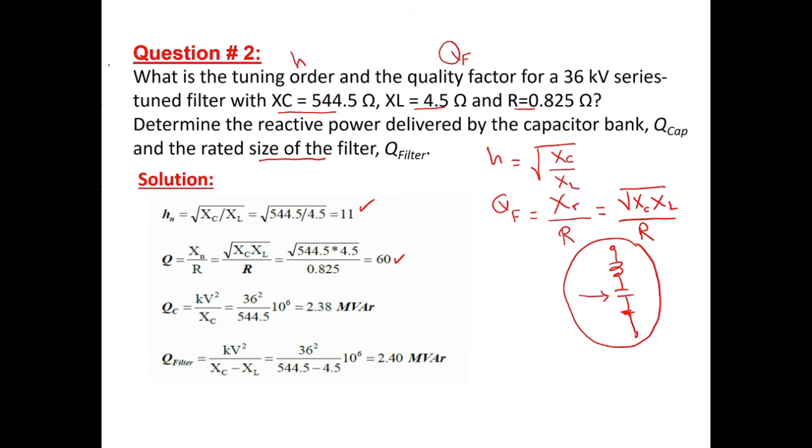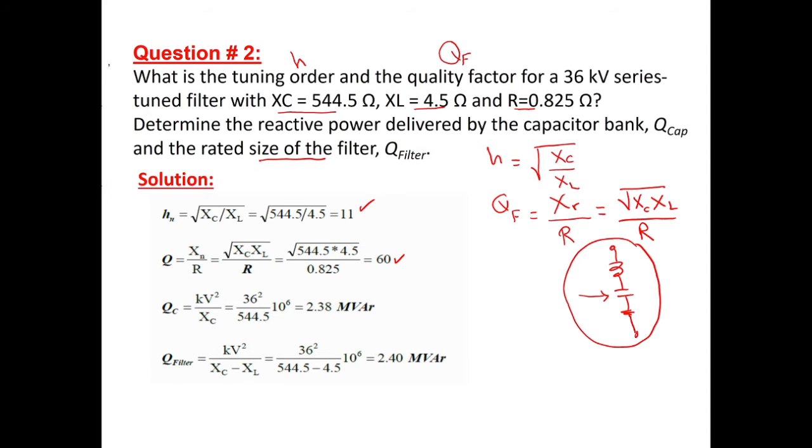Well, the Q for the capacitor will be equal to the voltage squared divided by XC. We have the voltage squared divided by XC, and the voltage is given to us as 36. XC is given also. Then we can find the reactive power that will be provided by the capacitor.